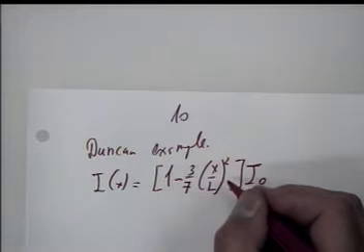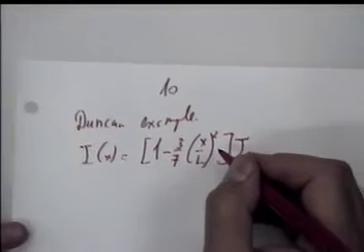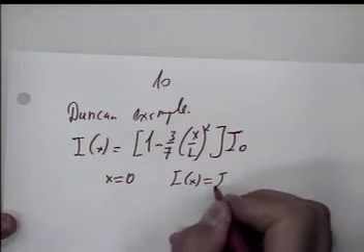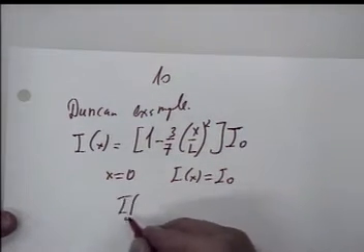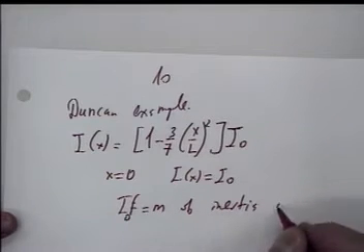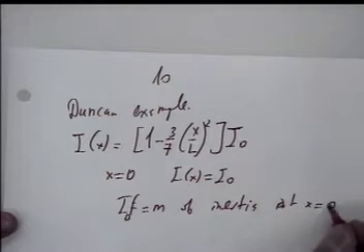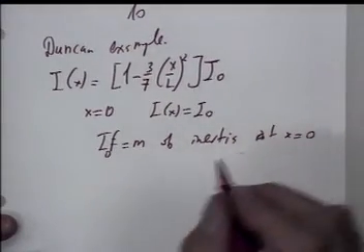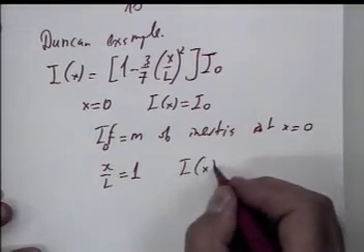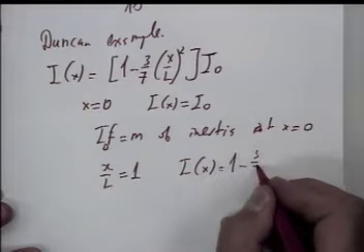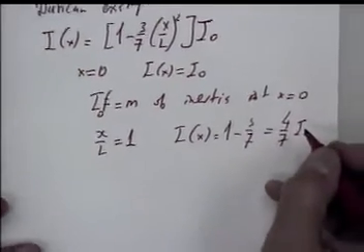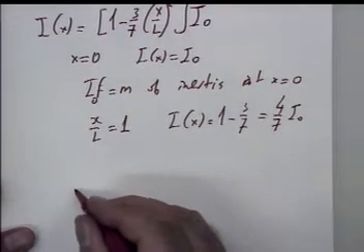Now this example is a bit better, I suspect. Why? Because when x equals 0, I of x equals I0. So I0 is moment of inertia at x equals 0. When x over L equals 1, I of x equals 1 minus 3/7. That equals 4/7 I0.